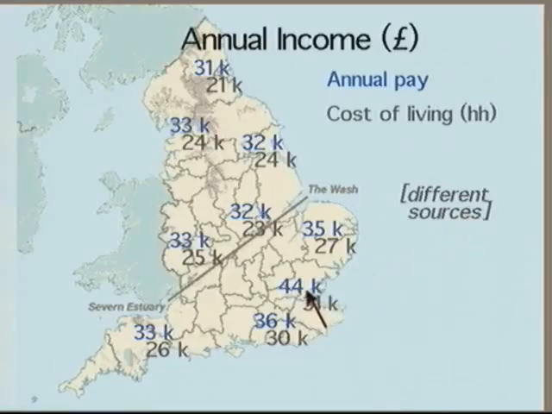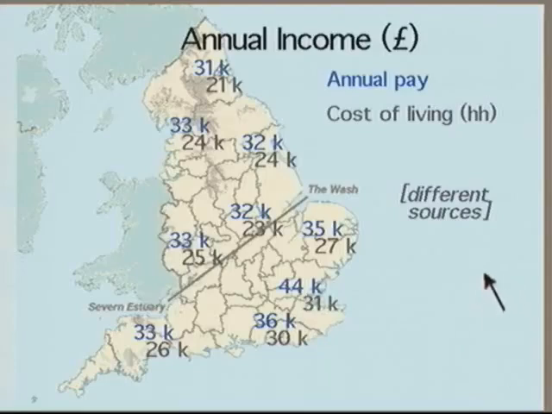If we look at London, the cost of living is 31,000. In the northeast it's 21,000. So there's a £10,000 difference there and a £12,000 difference there. So the difference perhaps doesn't seem so great. But that's an approximate thing, because this is per household, this is per person, different sources.